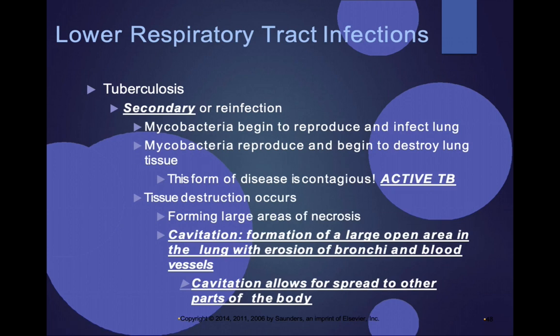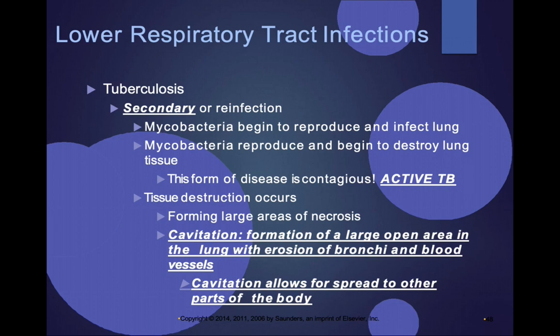So the secondary or the reinfection, the mycobacteria begin to reproduce and infect the lung. Now that mycobacterium that reproduce, they begin to destroy the lung tissue. That's where it becomes active TB again. It becomes active tuberculosis, and this is the stage where it is contagious.